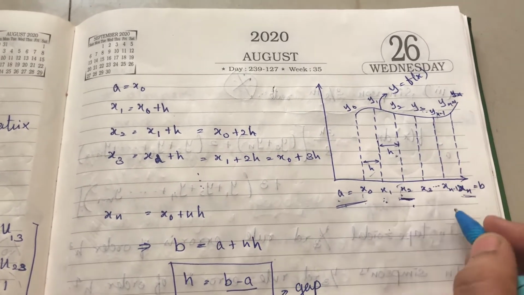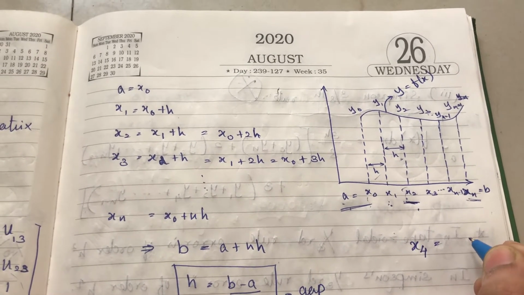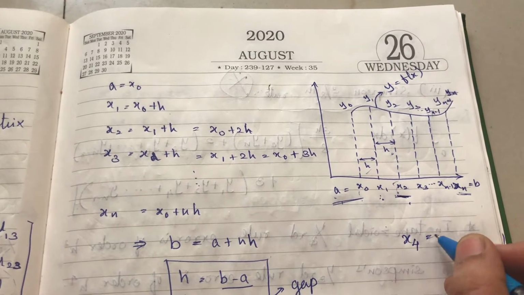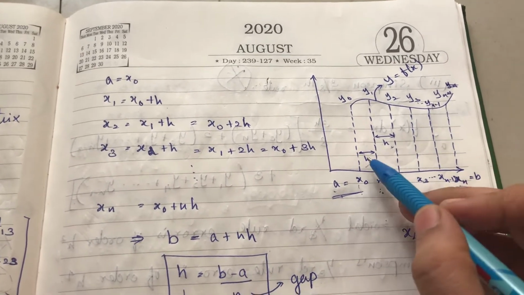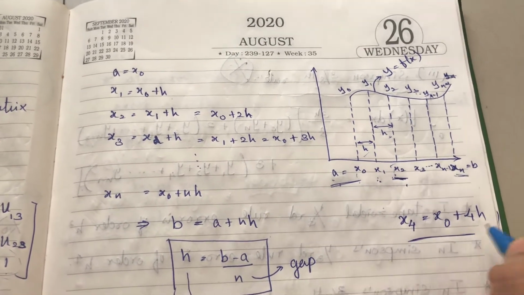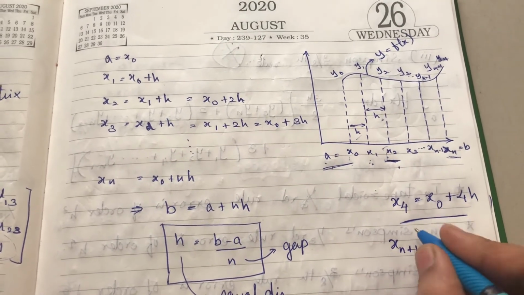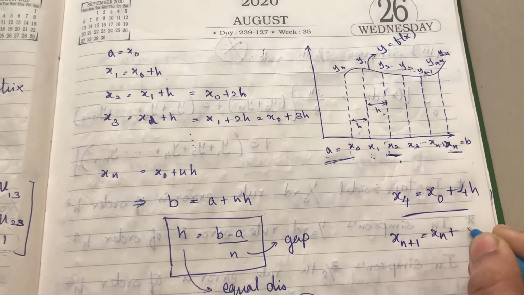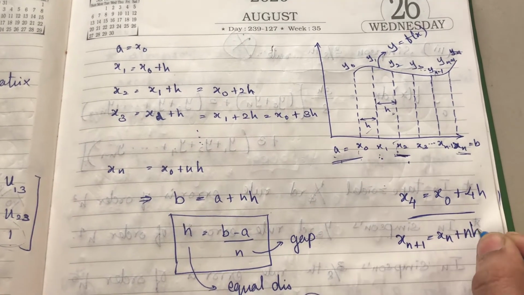If I need x4, I can easily say x0 plus 4 h's, right? So 4h. So what is the term here? x(n+1) is equal to xn plus h.